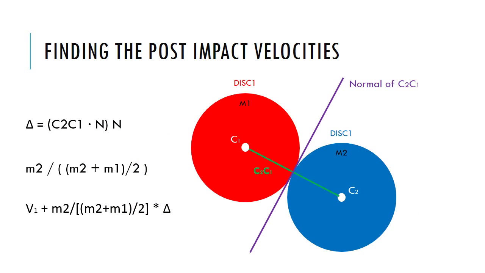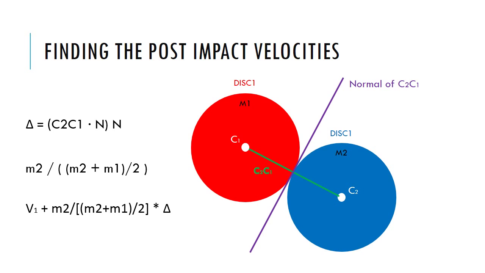Well, once the time of contact has occurred, we use two values, the vector center 2, center 1, and its normal to derive the value for a vector I will call delta. Then after we derive delta, we use a ratio of masses to compute the fraction of the delta that will be added to the original velocities to find the post-collision or new velocities.